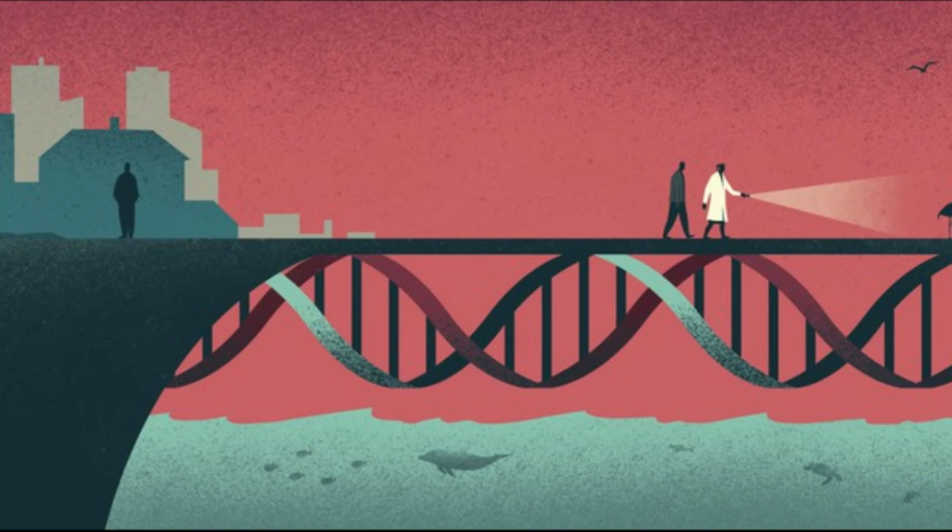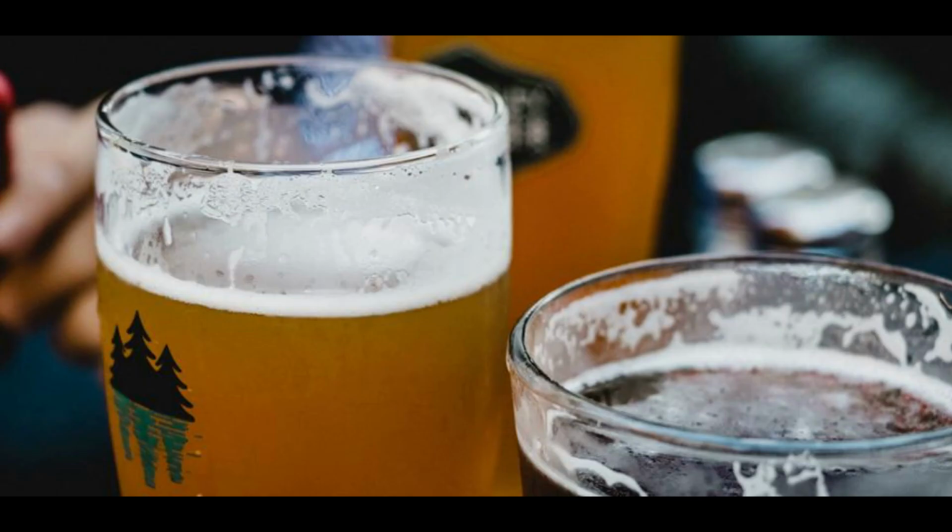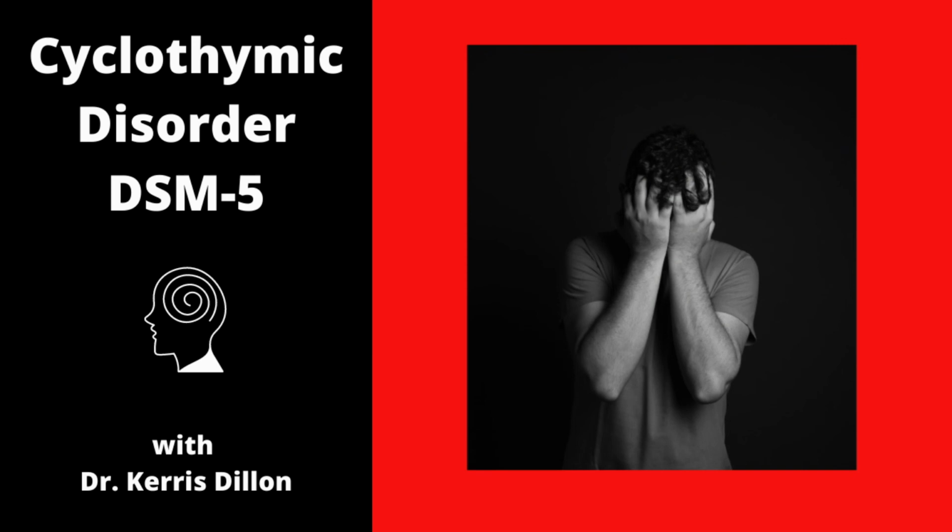Those individuals with first-degree relatives that have major depressive disorder, bipolar 1 disorder, or bipolar 2 disorder are more apt to be diagnosed with cyclothymic disorder. There is also a higher risk of those individuals that have cyclothymic disorder to have substance use disorder or sleep disorders.